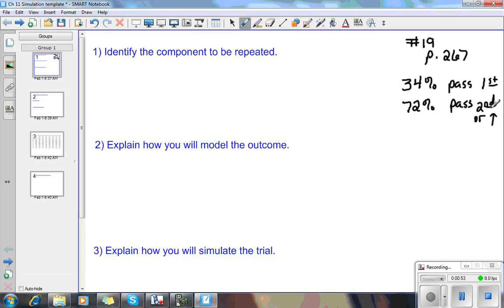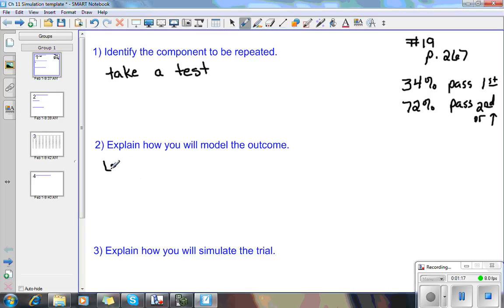So we're trying to figure out how many tests. So the component to be repeated is taking a test. So how are we going to model that? Well, we're going to have a couple different things because they may pass the first time, in which case we have to look at a second.